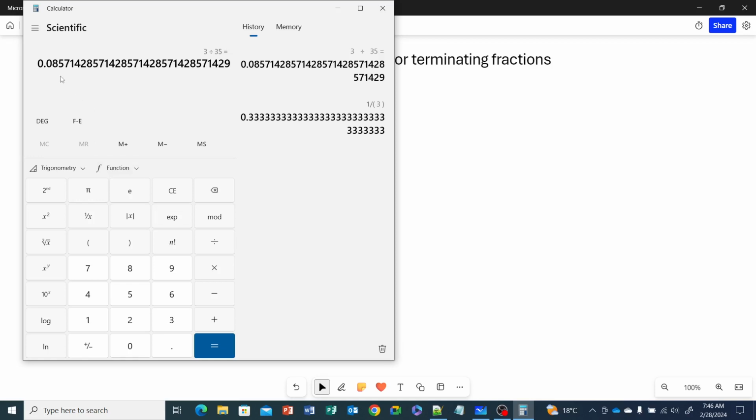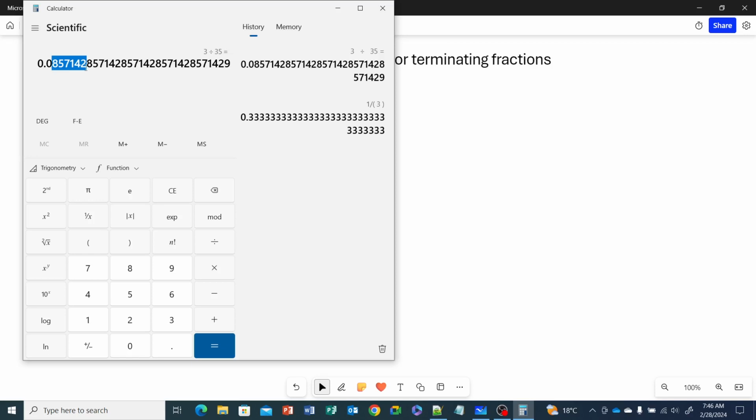Now let us look on the calculator, guys. Can you see that after this 0, this number repeats itself? So if you can see 857142. The next number is 857142. The next number after that is again 857142.